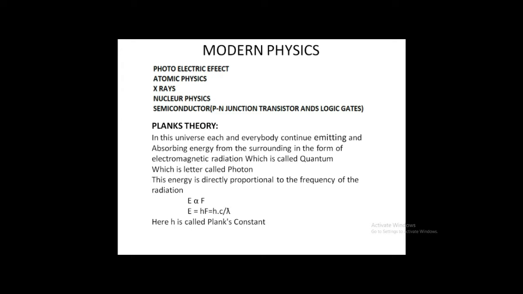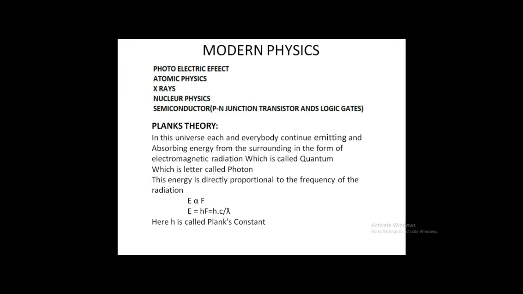In photoelectric effect we first have to study about Planck's theory. What does Planck's theory say? Planck says that in this universe each and every body continues emitting and absorbing energy in the form of electromagnetic radiation from the surroundings, which is called quantum, later called photon.